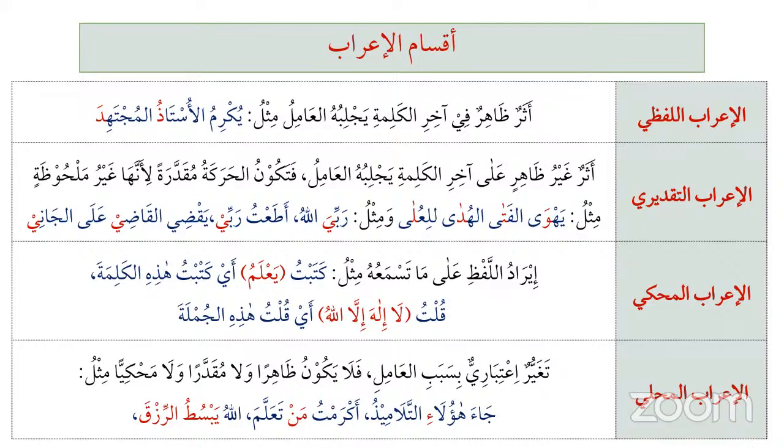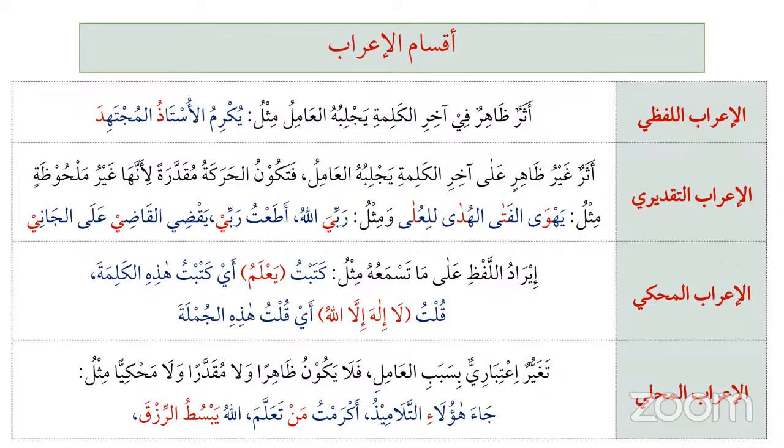So we need to understand here that the sentence can experience the states. And when sentences are experiencing states, the i'rab won't be lafzi because it's not evident. You can't see the sentence as a whole. Yabsutu rizqa, that there's a big dhamma there, that's indicating that it's in the state of raf.